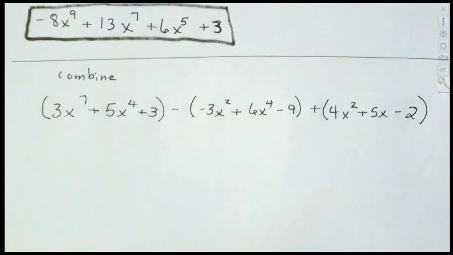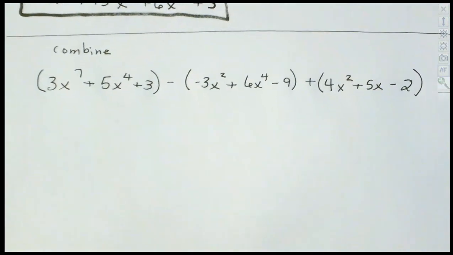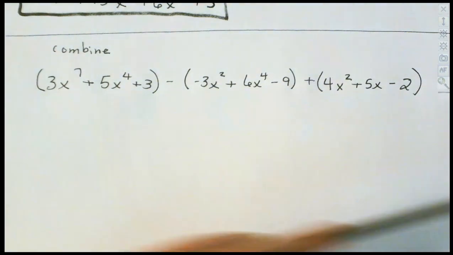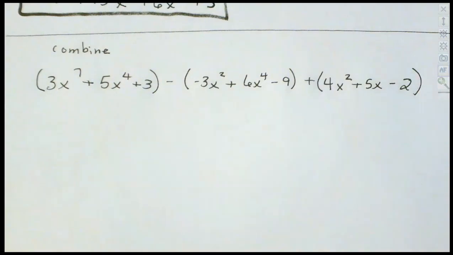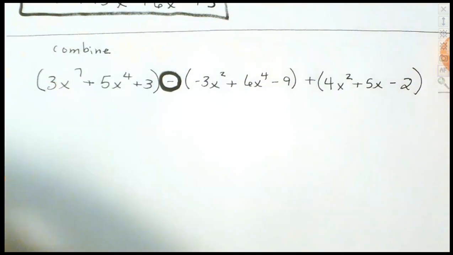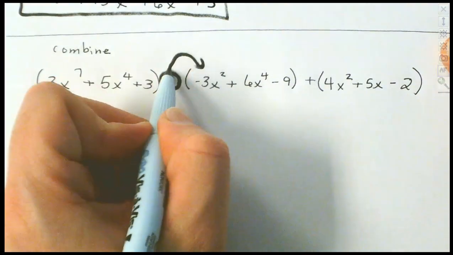So these are our three different polynomials here, and we want to combine them together. A lot of times you're going to have these parentheses and they're not needed. The first and the last pieces don't need the parentheses, but the middle one has this negative here. So that negative in the middle is going to be distributed through.